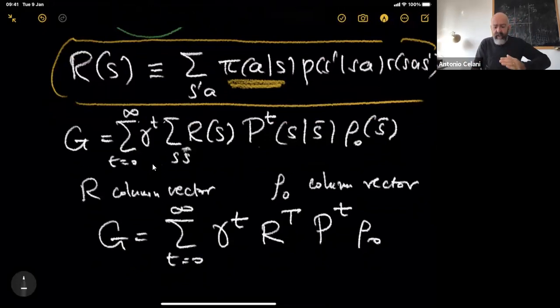The transpose of a column vector is a row vector. P to the power t is a square matrix. And rho 0 is a column vector. All these live over the space of states, R to the power number of states. You don't need to follow step by step everything I say.